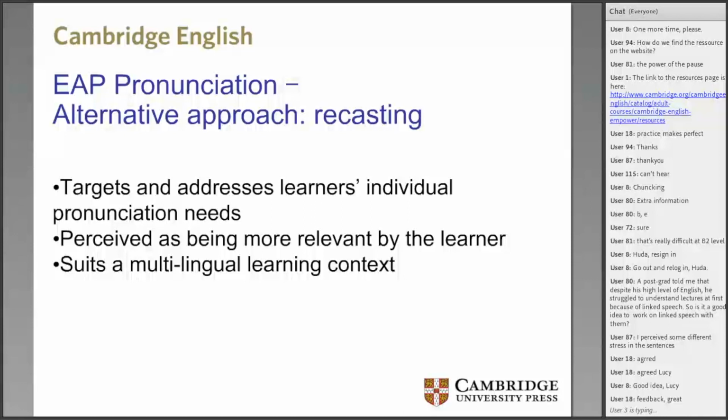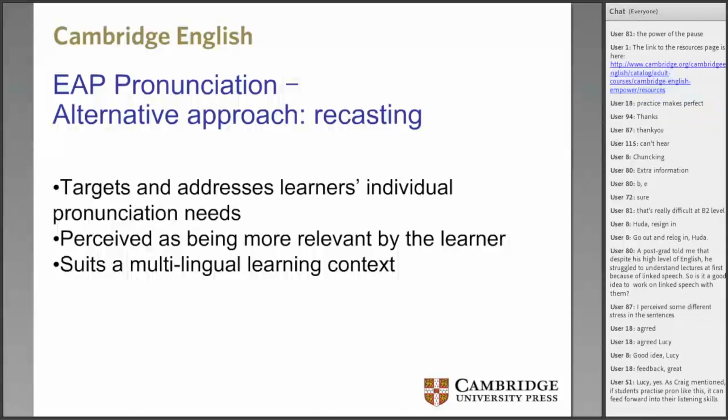So the benefit of this approach is that it does target and address learners' individual pronunciation needs. The learner will often see this approach to dealing with pronunciation as being very relevant, because you've actually indicated, okay, you've got a particular problem with this, and this is what you need to do to fix it, and here's a way that we can do it.